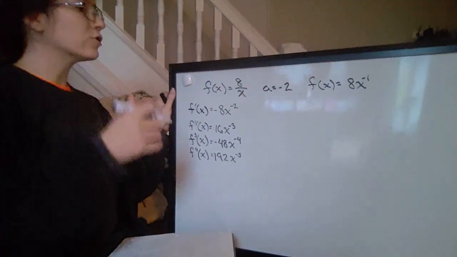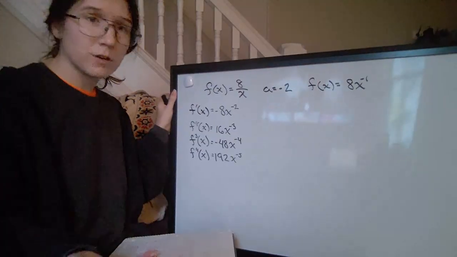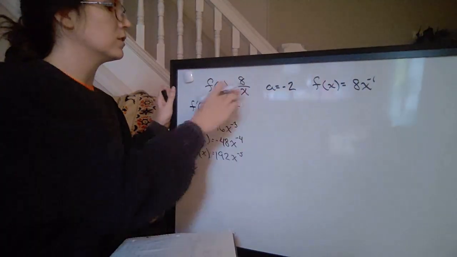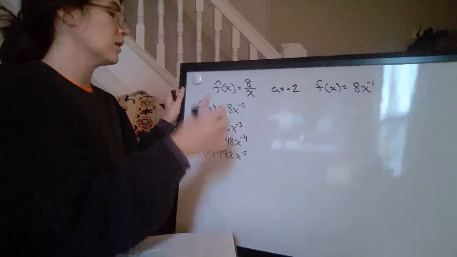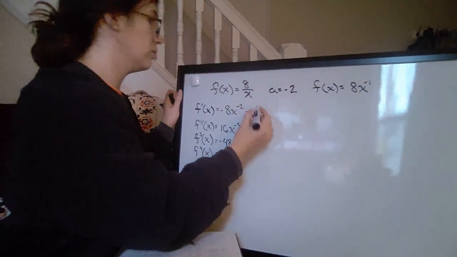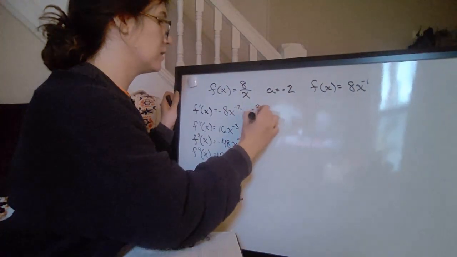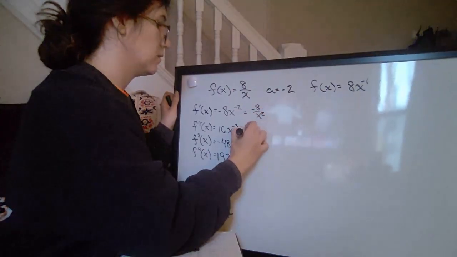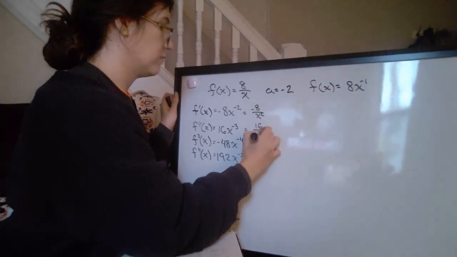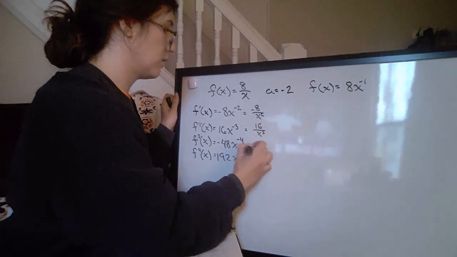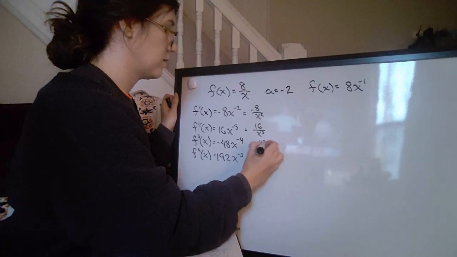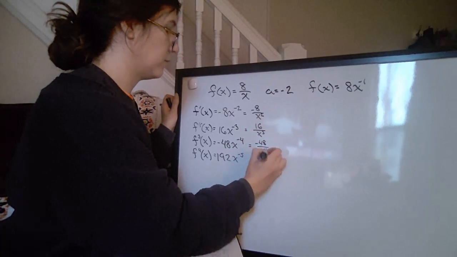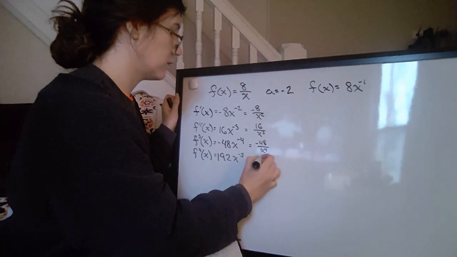So we're actually going to start at the 0th derivative, so we're going to need to plug this into this, and this. I'm going to rewrite all of these as fractions. That'll make our plugging in a little bit nicer.